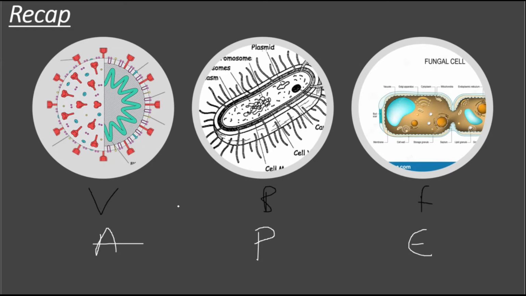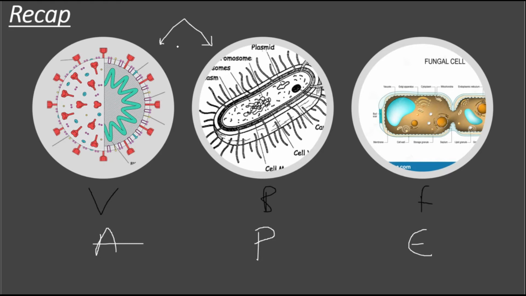Now, if you think about how a drug affects these things, they have different structural features, and you do need to know these structures, particularly of the virus and the bacteria, which I'm going to go on about. Just as a quick recap, a virus has an S protein, an M protein, and a nucleocapsid.